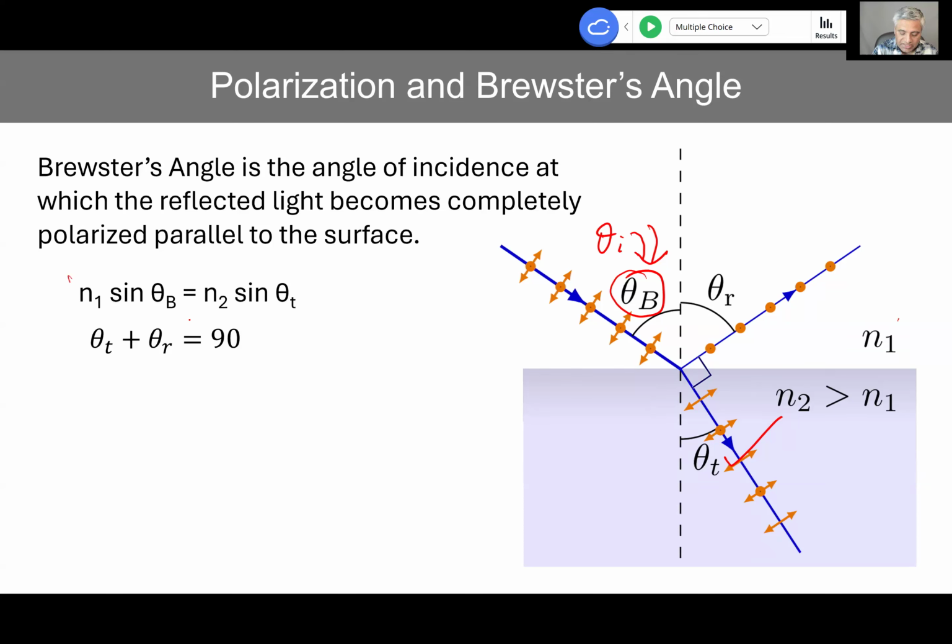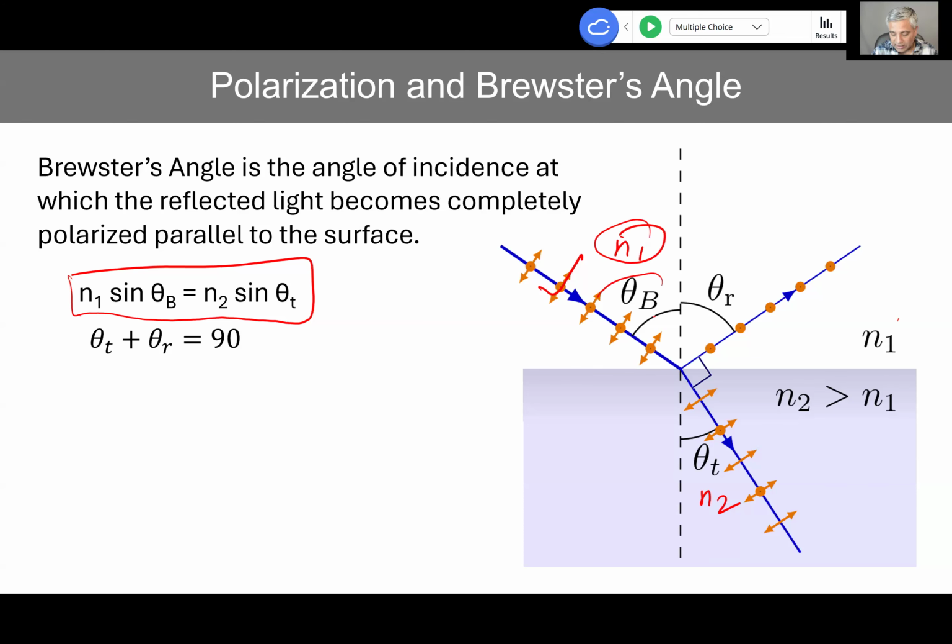Now, using Snell's law between this incident and refracted ray, on this side the refractive index is N1, on this side the refractive index is N2. So N1 times sine theta B is equal to N2 times sine theta T. That is Snell's law. We learn Snell's law something like this.